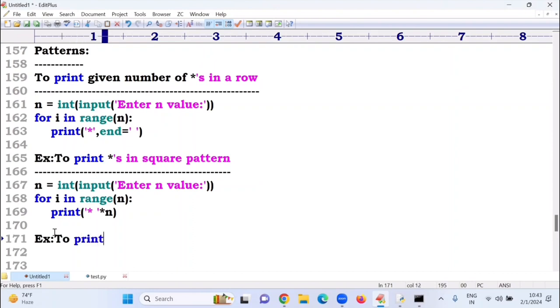To print square pattern with provided fixed digit.